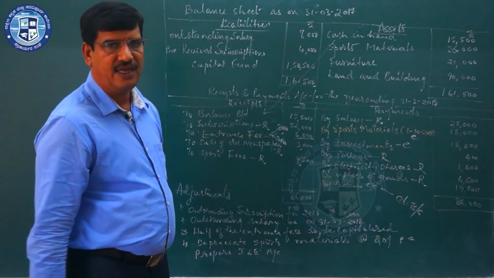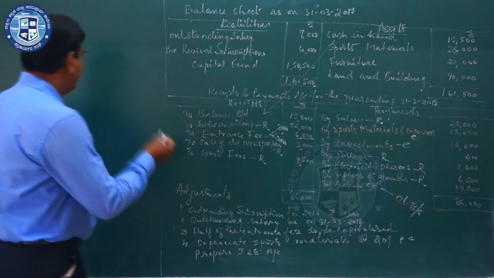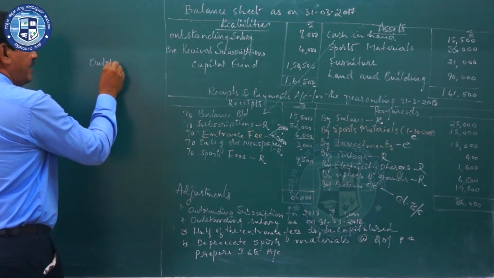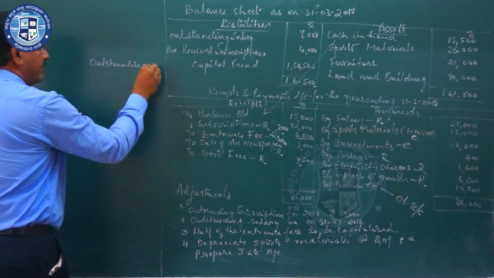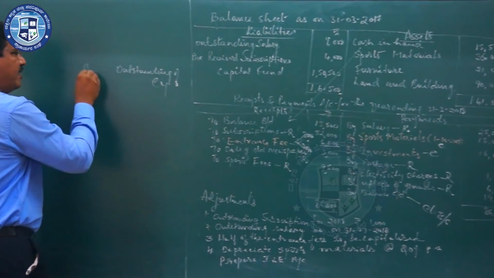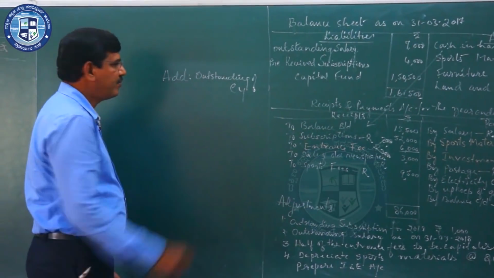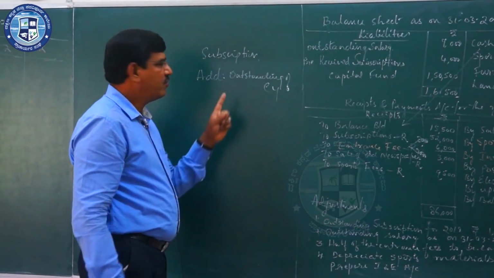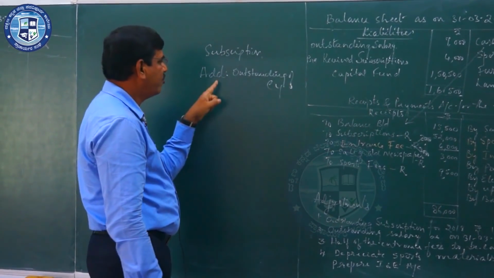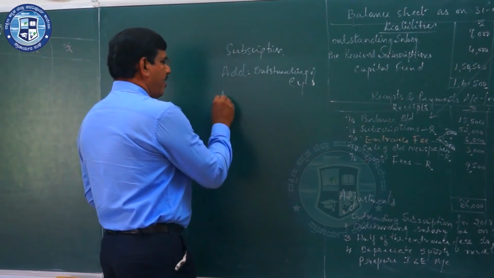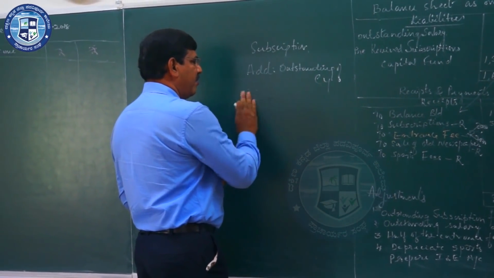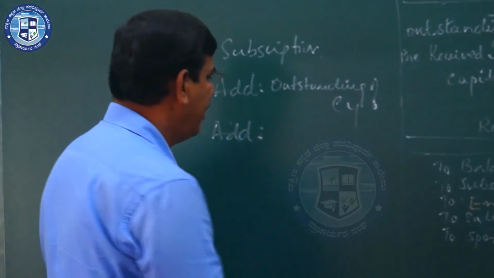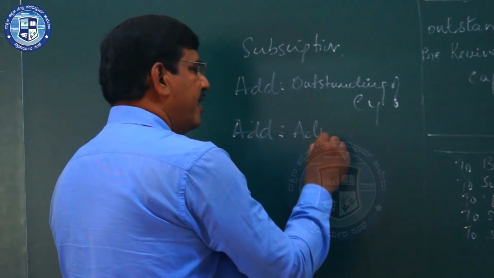While working out this problem, as we have discussed earlier, we note a point: outstanding of current year must be added. Take for example, subscription. Outstanding of current year has to be added. Advance or prepaid item of last year, which is given for the current year, has to be added again.